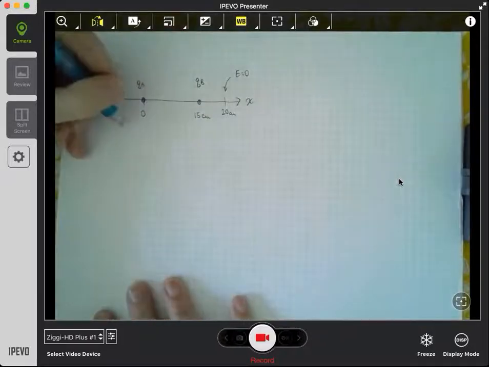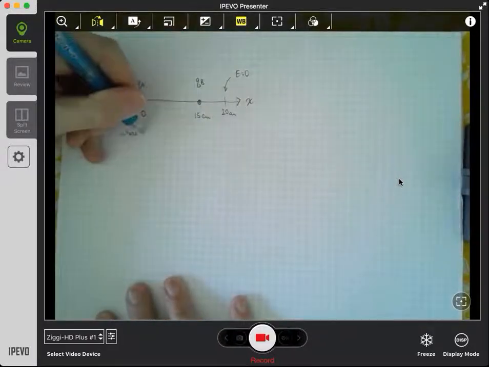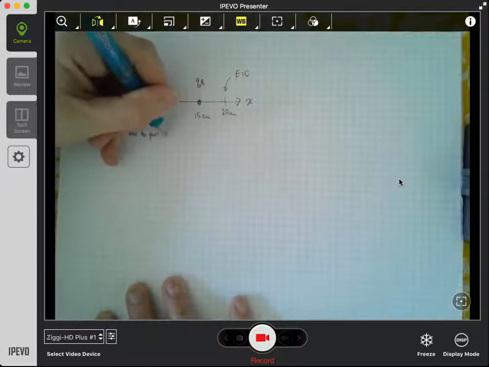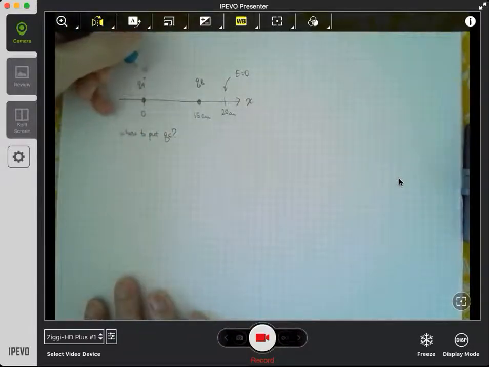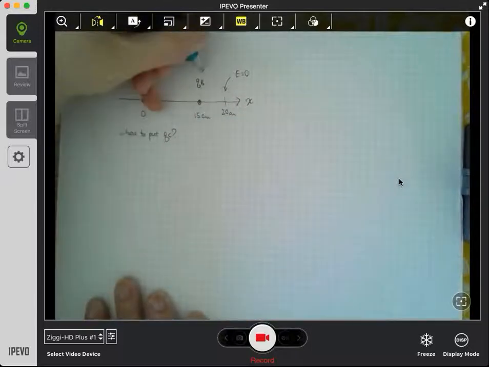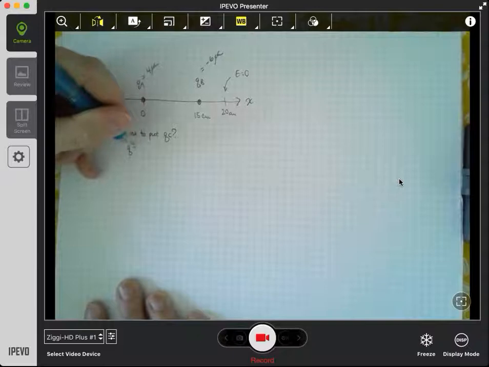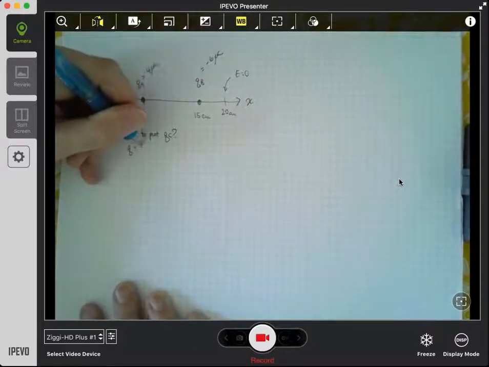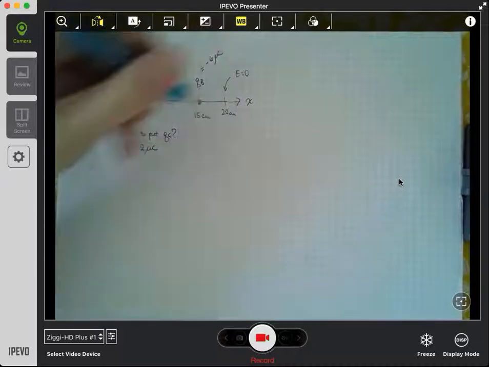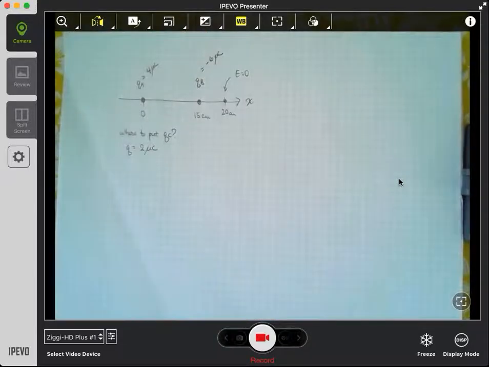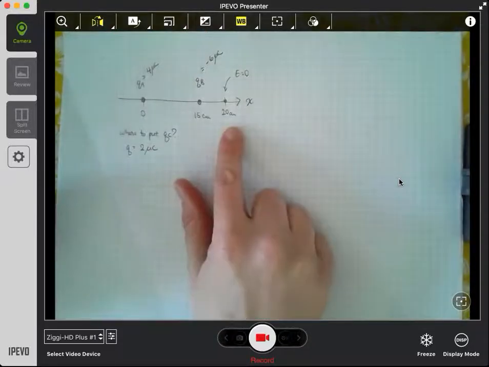We want to know where to put QC so that this is true. Let's say QA is 4 microcoulombs and QB is minus 6 microcoulombs, and QC has some charge, 2 microcoulombs. We want to know where we're going to put QC so that the E field at 20 centimeters is equal to 0.